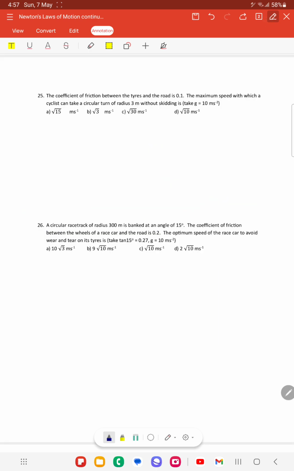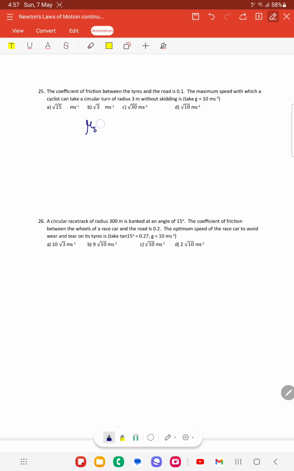Question number 25. The coefficient of friction between the tires and the road is 0.1, mu s is 0.1. The maximum speed with which a cyclist can take a circular turn of radius 3 meter without skidding is... So we have the equation for maximum velocity when the vehicle turns in a circular path: Vmax is nothing but square root of mu s r g.